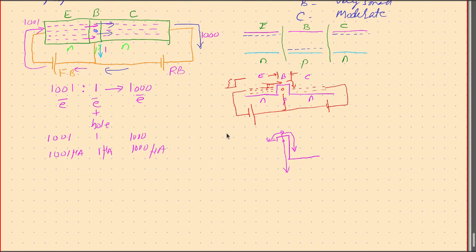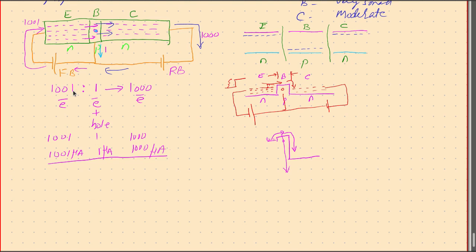Done. So in this whole equation, 1001 microampere is the emitter current, 1 microampere is the base current, and 1000 microampere is the collector current. This is because the imbalance in the doping concentration between emitter and base was 1001 is to 1.